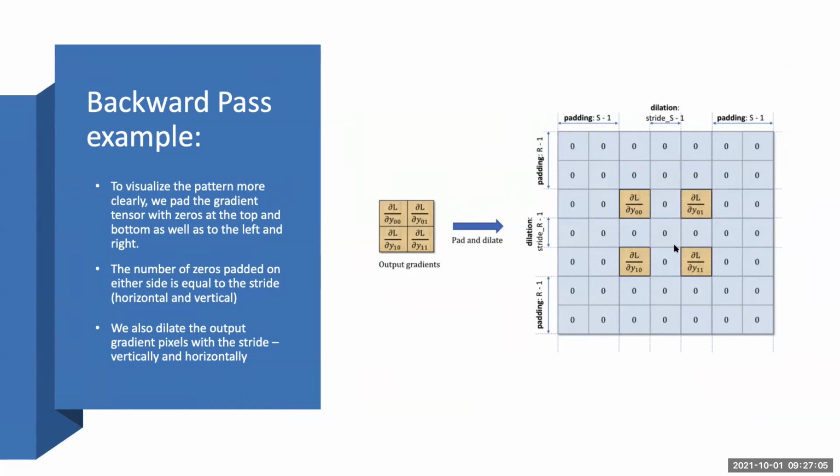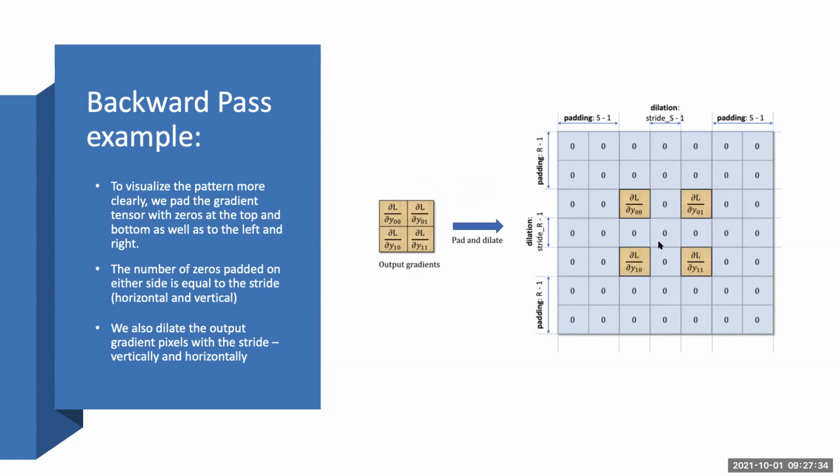Then we dilate in between the inputs. What that means is we try to expand in between the inputs, the loss gradient matrix itself, with stride -1. And so on the outside, we pad with the size of the stride.